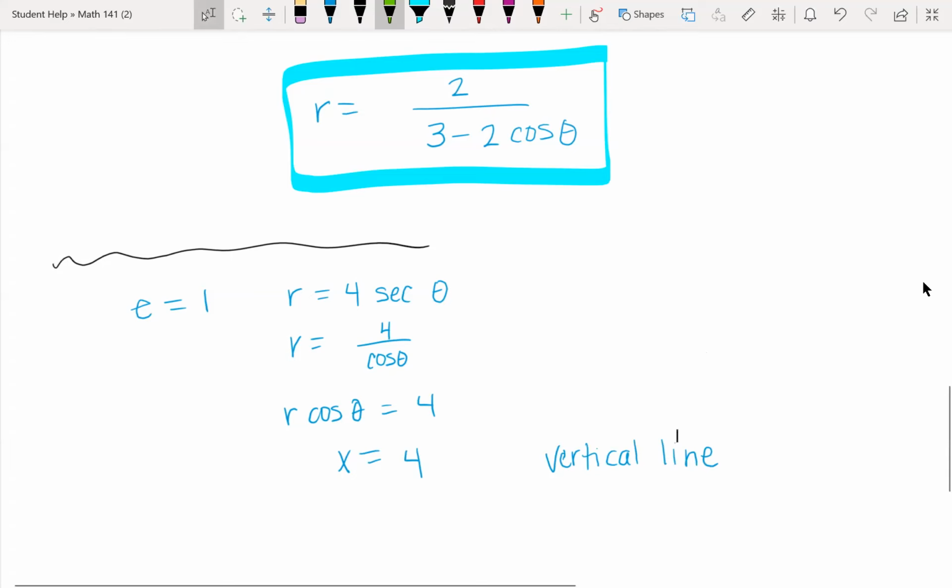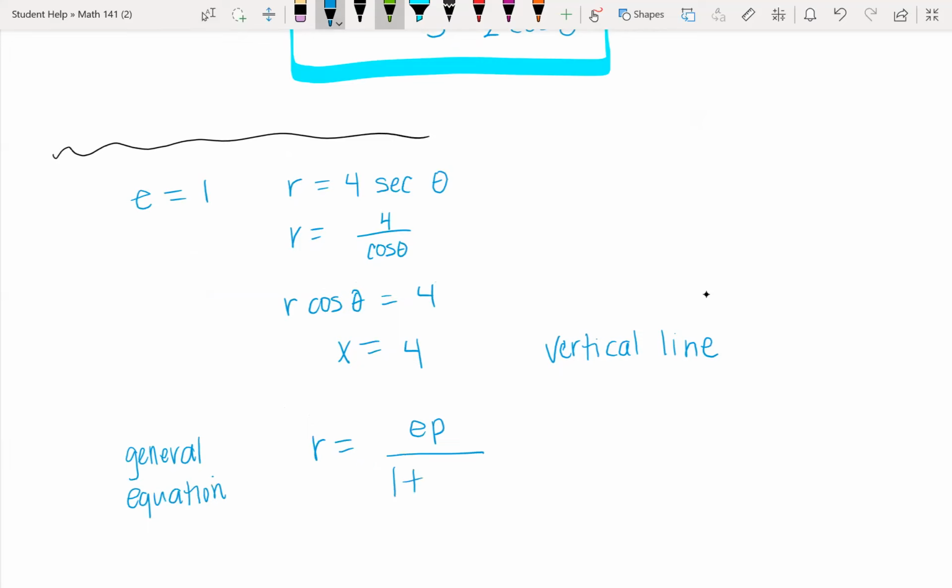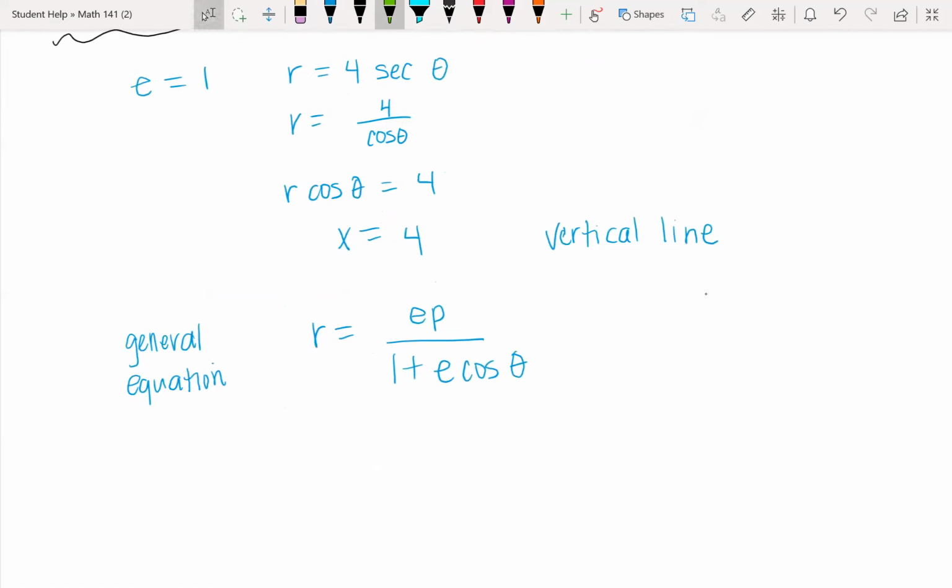I think because e is equal to 1, this is a parabola, right? And so the general equation that we're going to use is r equals ep over 1 plus e cosine theta. e is 1, p is 4, so we're getting 4 over 1 plus cosine theta.